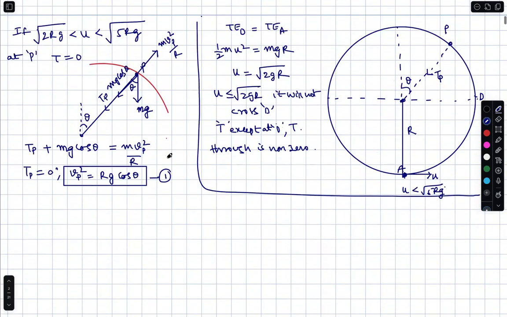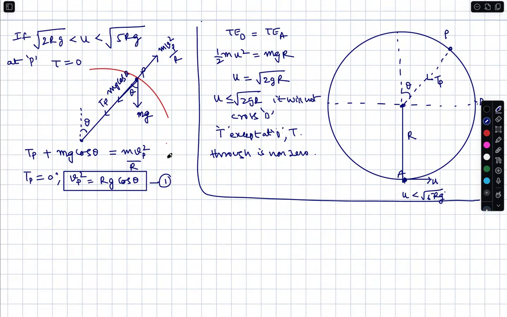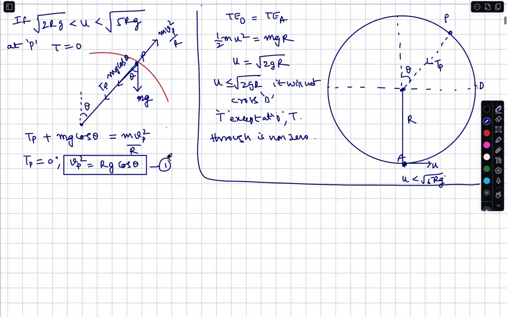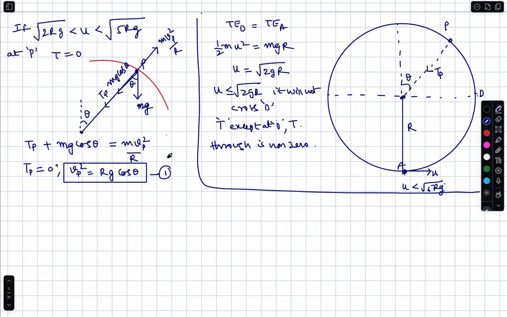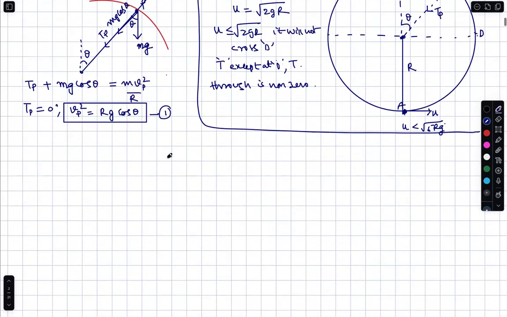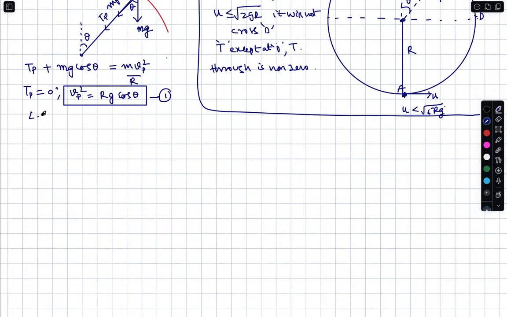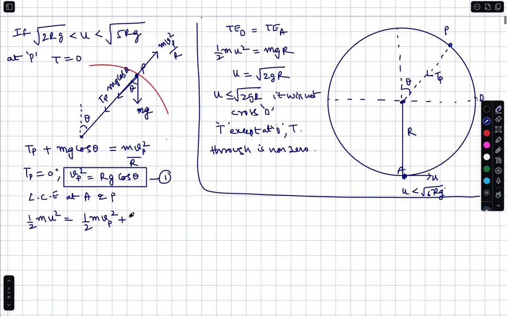Now what happens at this particular point P? I need to find Vp there. Apply the law of conservation of energy at A and P. At A, it is half mu square. At P, it is half mVp square plus mgR cos theta, plus mgR.